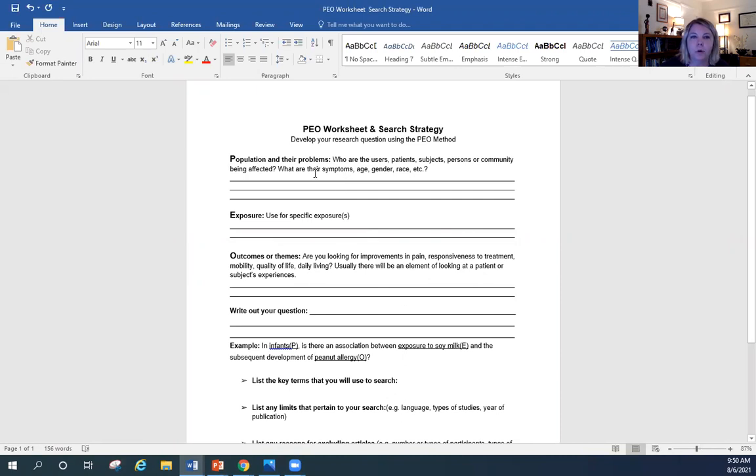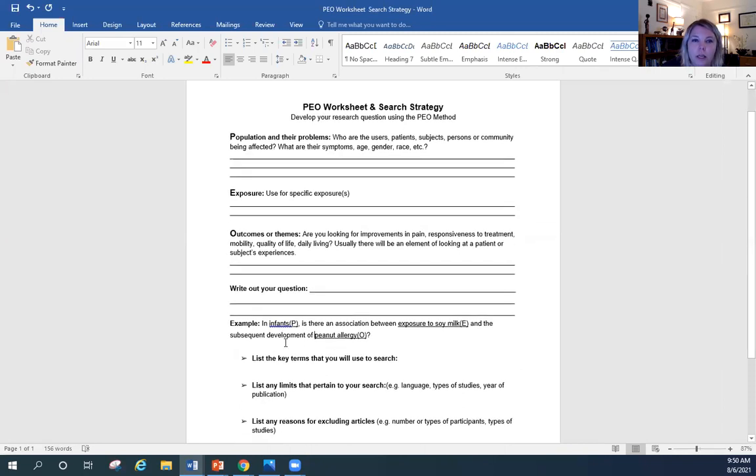And so you want to pick a population, and you can include specific problems here too, but again, a specific population, the exposure, and outcomes. And we're looking at health outcomes; even quality of life, for example, could be in there. And include your question here.